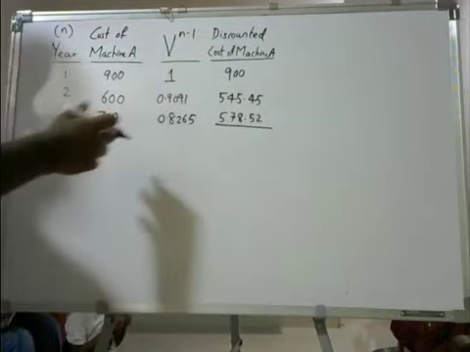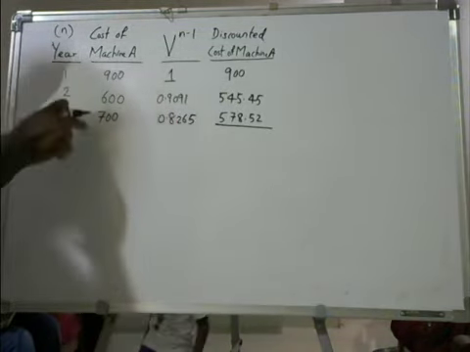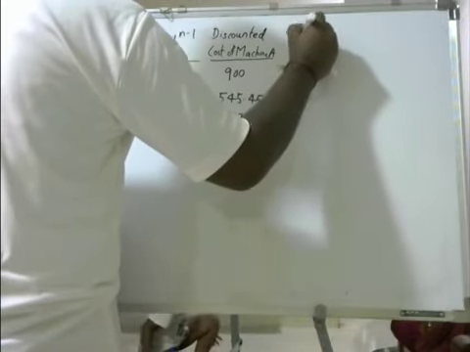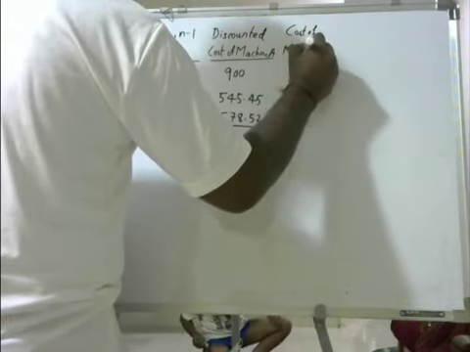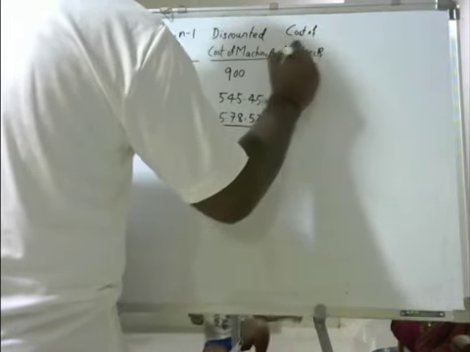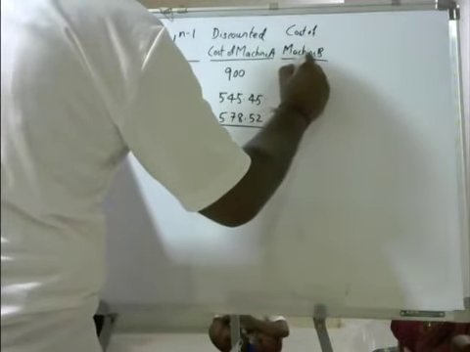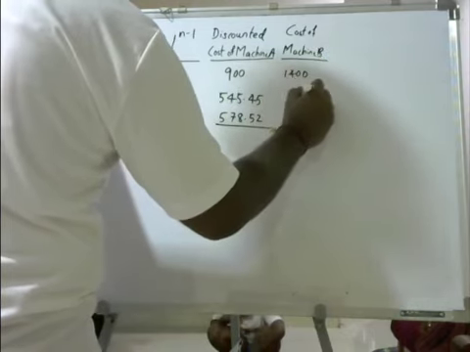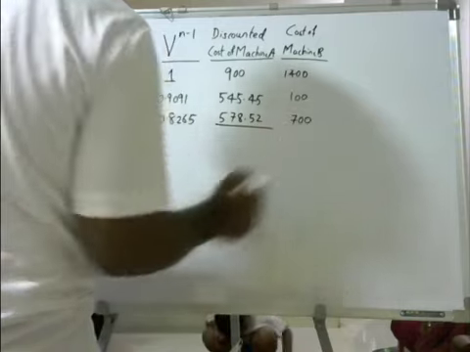Now similarly we need to find out the discounted cost for machine B. The cost of machine B is given, that is 1400, 100 and 700.